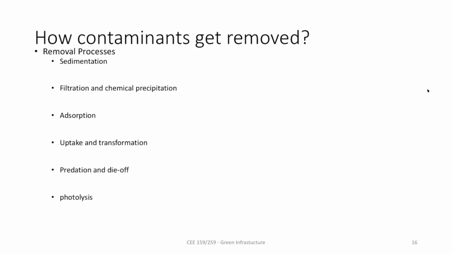Sedimentation is one of the processes where you can remove pollutants in large particulates that could settle. For filtration or chemical precipitation, let me write it so that you can see.